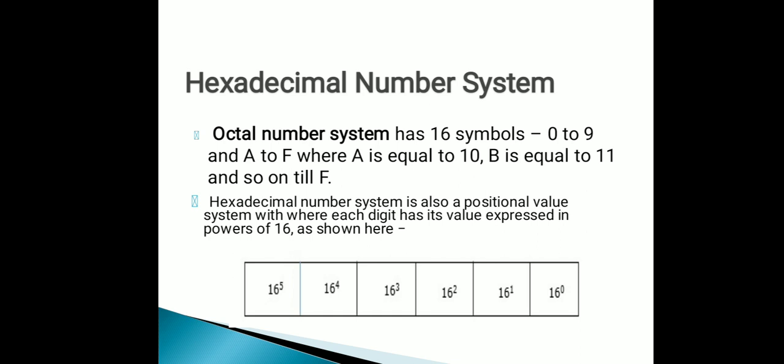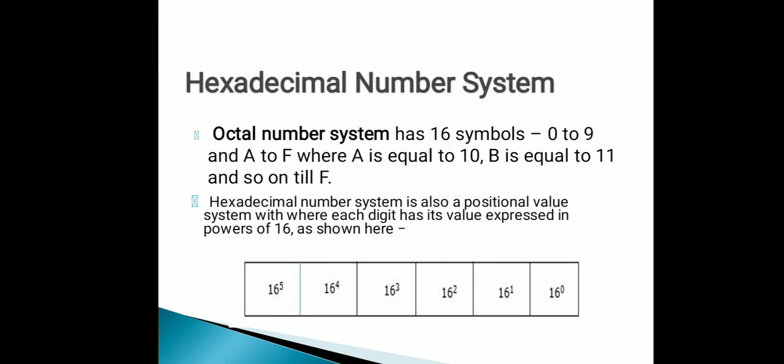Next I am going to explain the hexadecimal number system. How many digits are in the hexadecimal number system? In the octal system there are 8 digits, 0 to 7, and in the hexadecimal number system there are 16 digits. Octal is 8, as is clear from its name, and the hexadecimal number system contains 16 symbols.